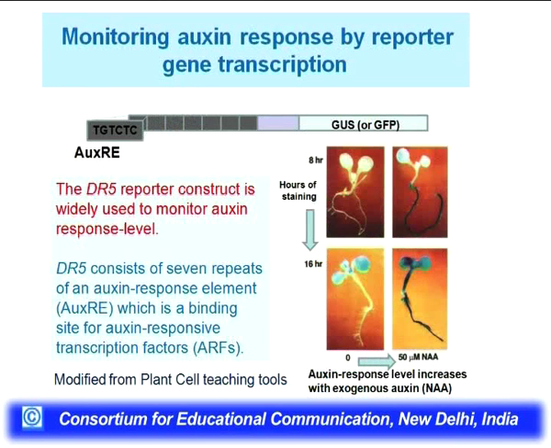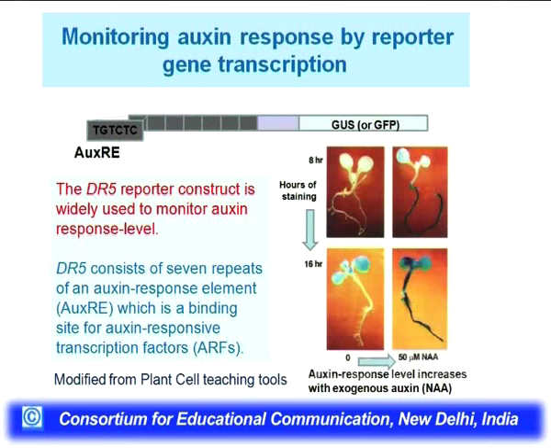Now, this is another interesting tool. It allows you to monitor or measure how much auxin signaling is going on. This tool can easily be understood with a little bit of knowledge of molecular biology, like the promoter of a gene. The promoter of a gene often defines what the expression profile should be.